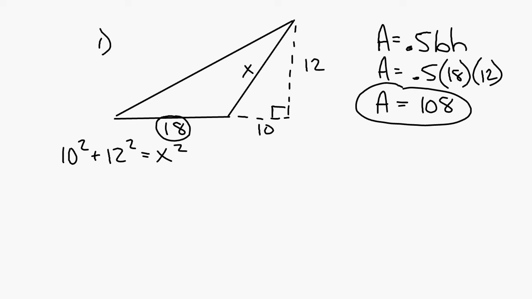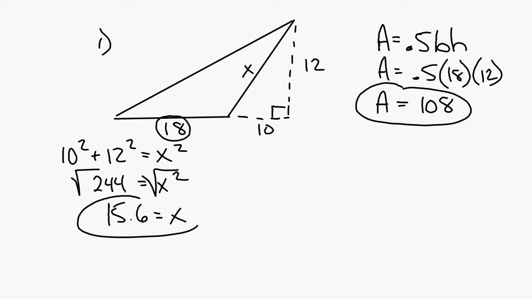And 10 squared plus 12 squared is 244. And if you square root both of those, 15.6. So 15.6 equals x. Alright, which is this side right here.